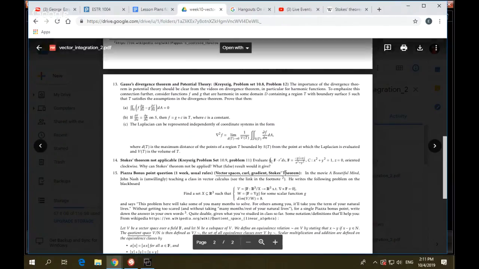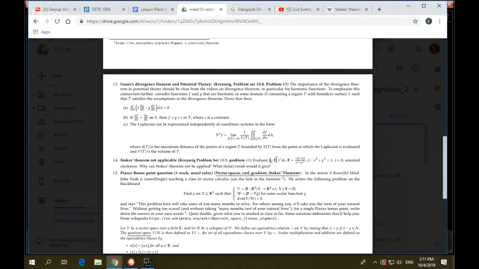And over here, the question being asked is, okay, evaluate the closed loop integral of F dot dr by ds times ds, where F is given by (−y i + x j) over (x² + y²). The curve is the clockwise unit circle, x² + y² = 1. Okay.